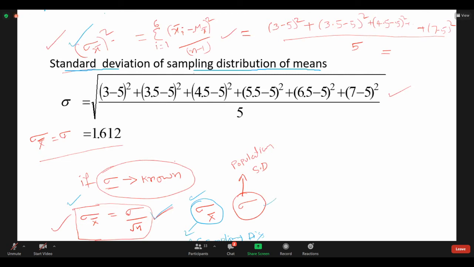Before going to that, first we have to know the variance. If you know the variance, then only you can find the standard deviation. That's why I'm using the variance formula. This means the variance of the sampling distribution of means. If you know the variance, then you can find the standard deviation. Otherwise, directly you can use it.